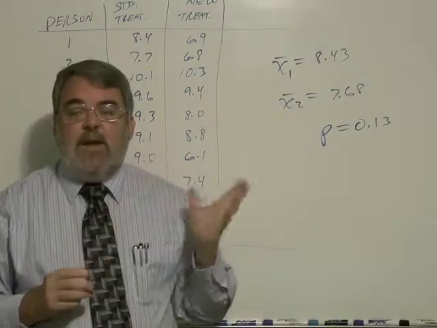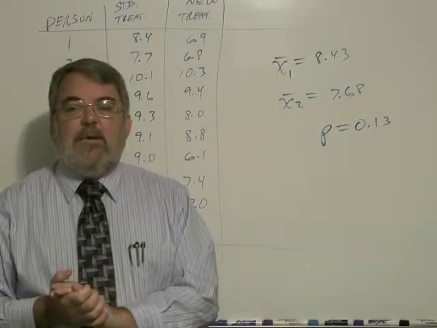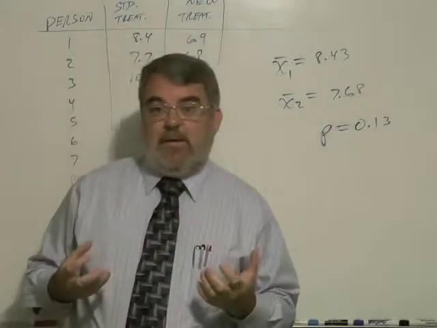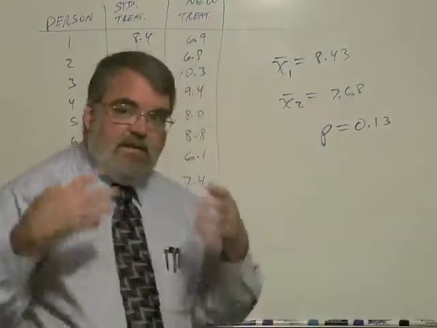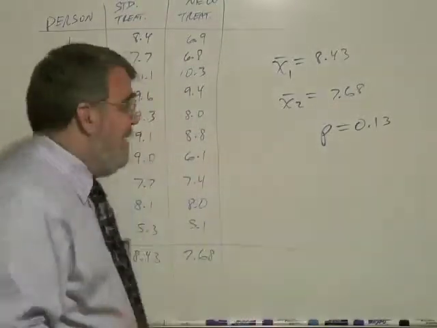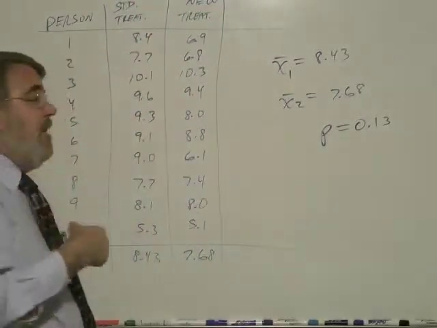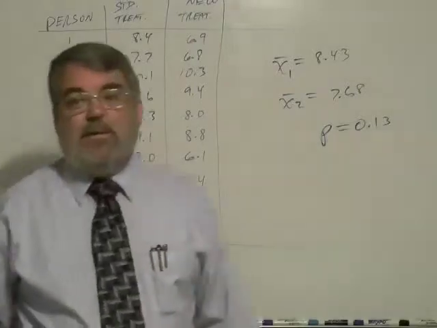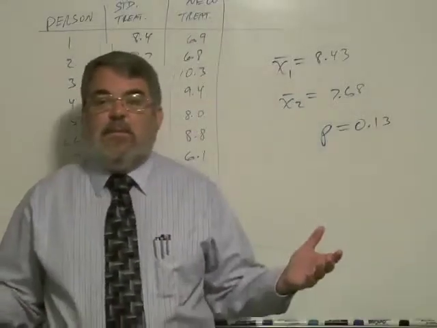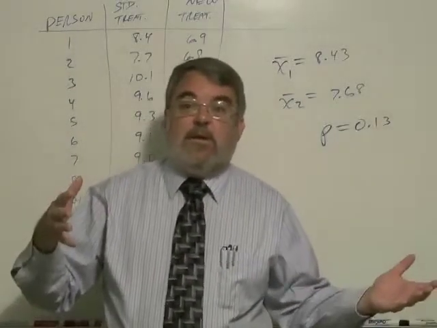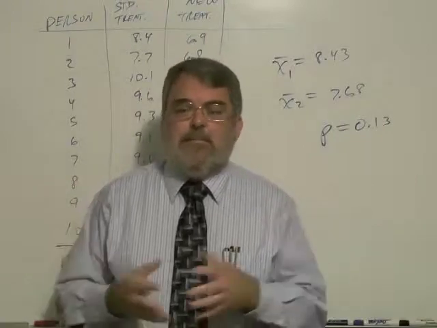Now, in this case, we're treating the variables as if they're independent, as if one has nothing to do with the other. And so I take this column of numbers, find its mean and standard deviation. Take this column of numbers, find its mean and standard deviation. I'm treating them as if one has nothing to do with the other. In other words, they're independent.